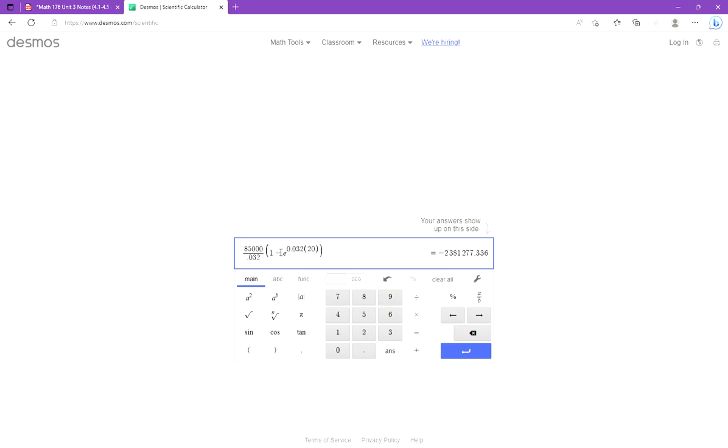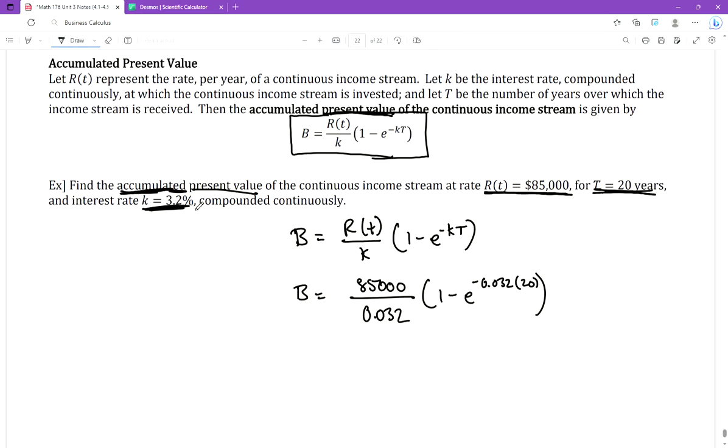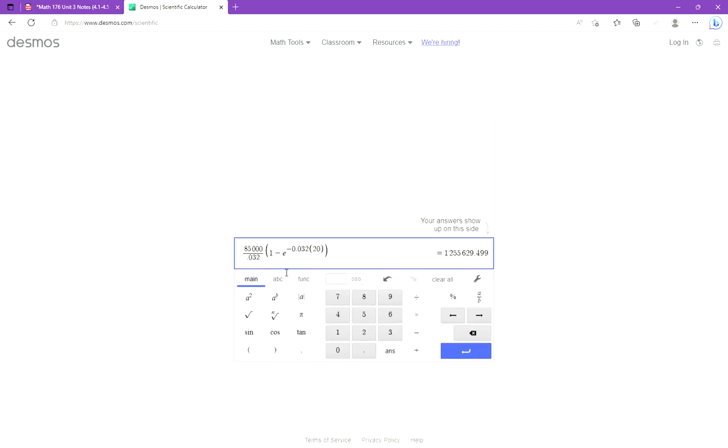So we have 1 minus, and then I need to change that. Notice it's negative, so that's telling me something's wrong. I should make sure that's still negative in my power. Now it's an exact match. Double checking, 85,000, 0.032, 1 minus, looks good.